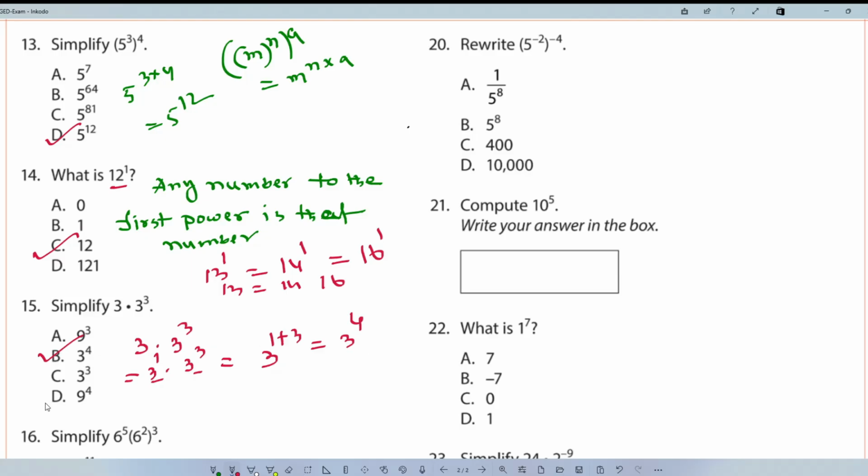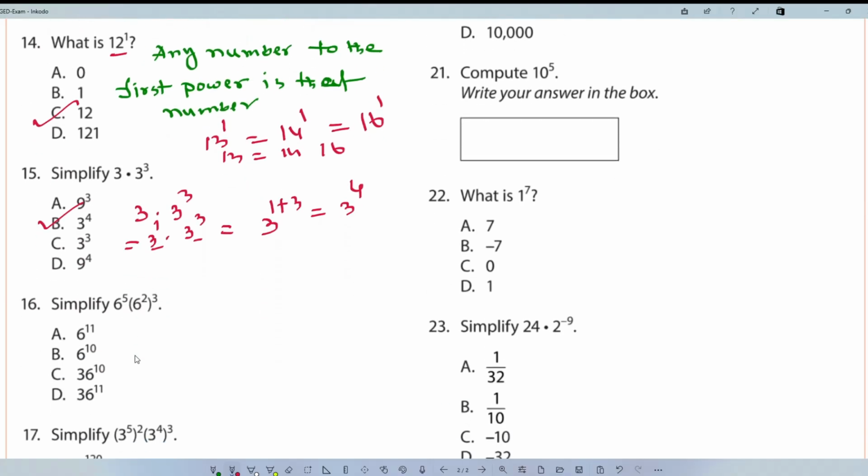Okay, now number 16, simplify 6 to the power 5 into 6 to the power 2 to the power 3. What will be the answer? Look, this one is 6 to the power 5, into 6 to the power 2 to the power 3, we can write 6 to the power 6. Why?